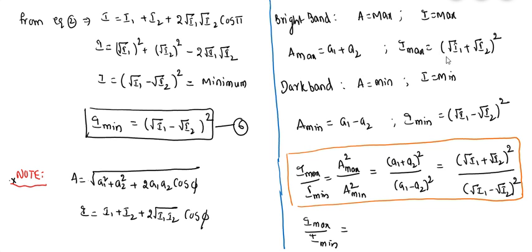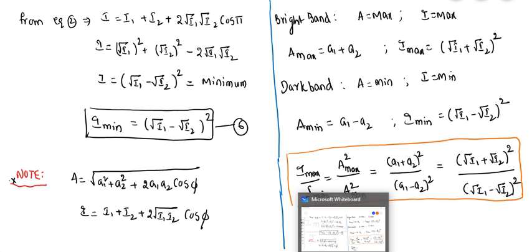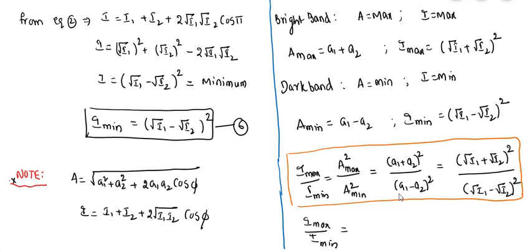I max we write as root I1 plus root I2 whole square, I min as root I1 minus root I2 whole square. Or otherwise, simply we can also write I is equal to A square, A1 equal to root I1, so it becomes A1 by A2 plus 1 by A1 by A2 minus 1.